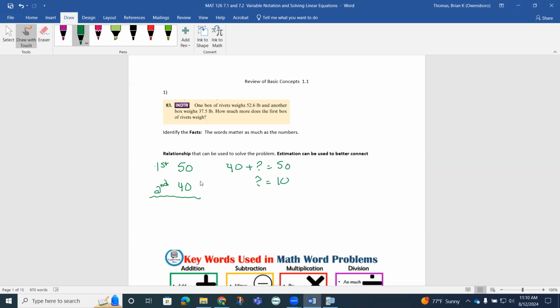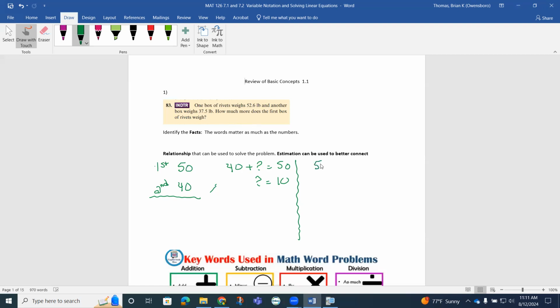But as far as relationship goes, what could I do to these two numbers to get that 10? Well, notice that if I subtract these two numbers, that would give me this 10. So I'm picking up on, to solve this problem, I could be using subtraction. That's one of the things I first have to figure out: the strategy. And using estimation helps me see that the relationship of these facts is actually subtraction.